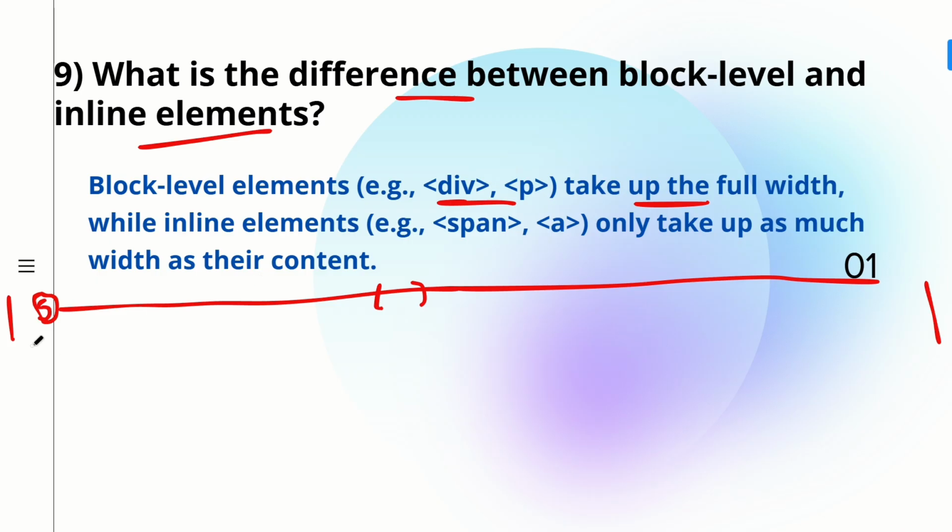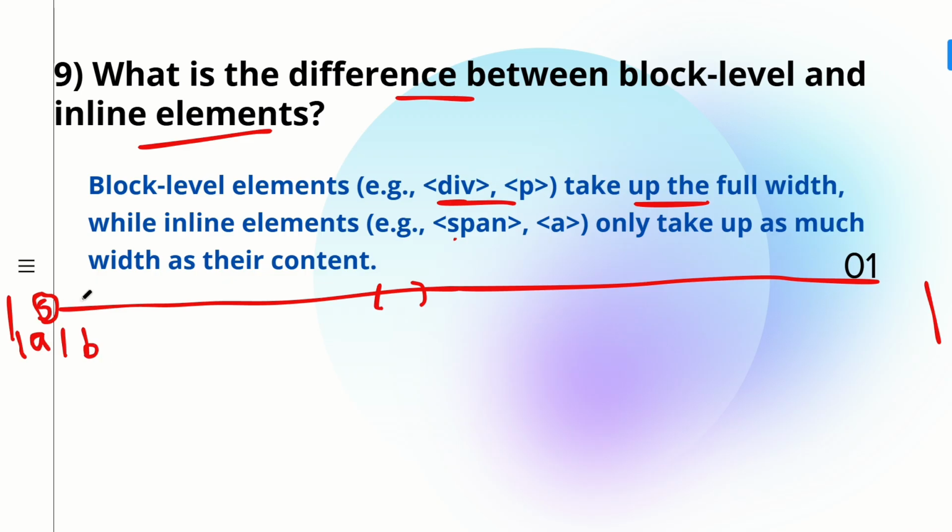Whereas coming to inline elements, in a span, if you write a or b, anything, and then you write one more element here, then a is taking only this much space, right? Its width will be whatever the content is. If you write one more span here, then b will come here, side by side.